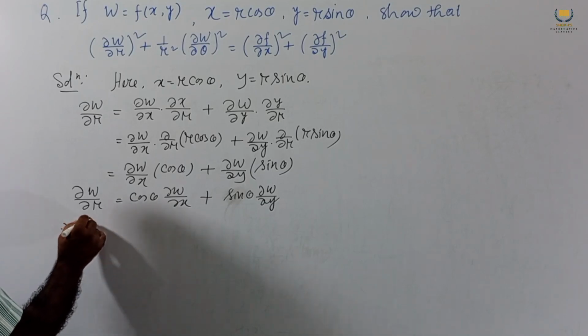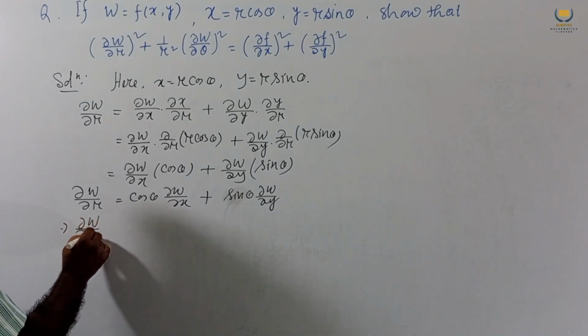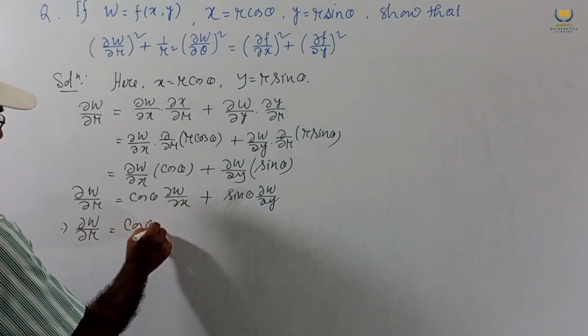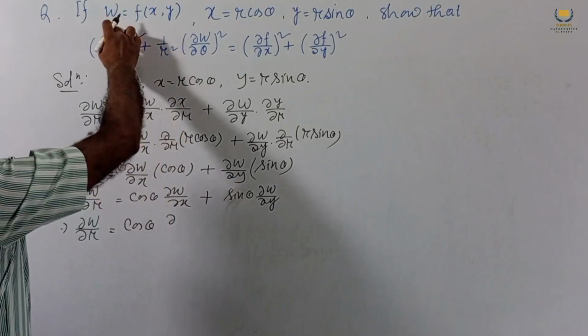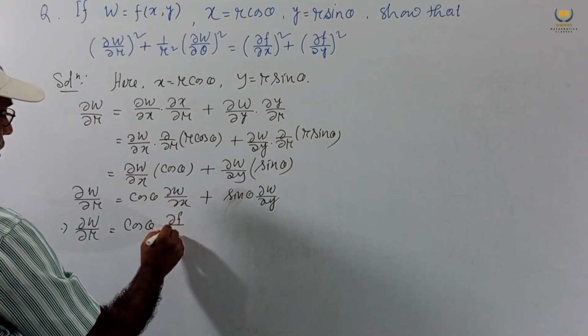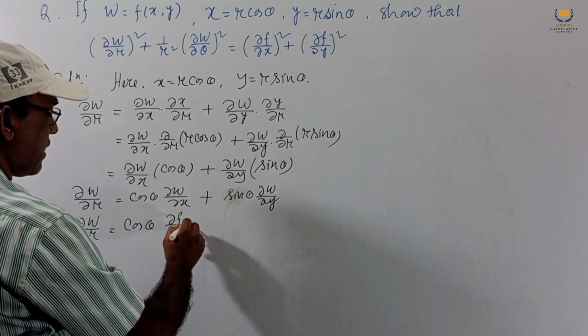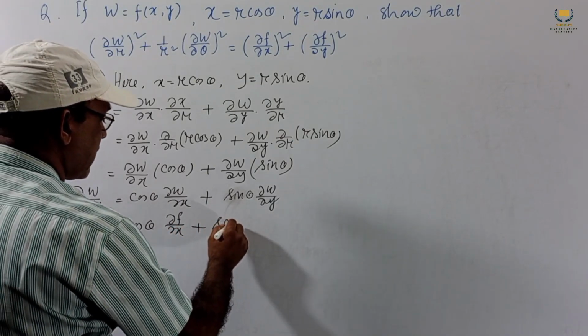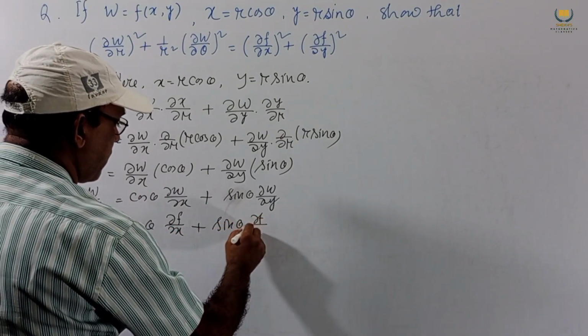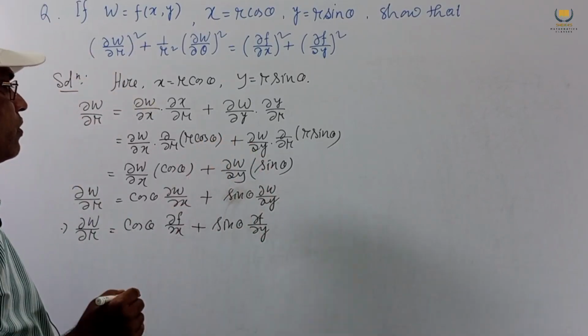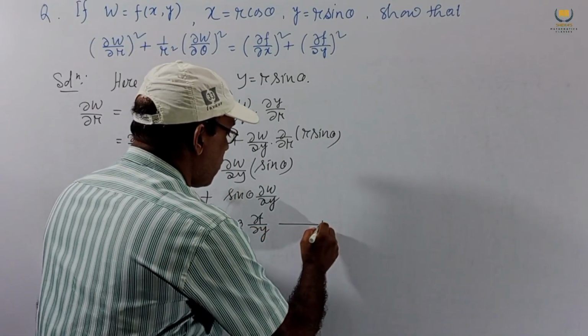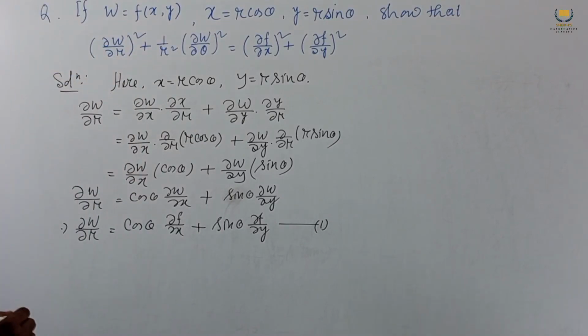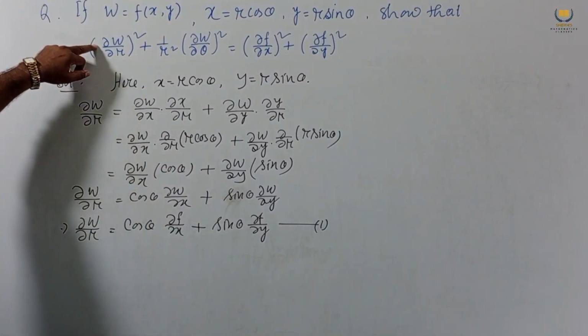This is ∂w/∂r = cos θ ∂f/∂x + sin θ ∂f/∂y. We can write this. This is number 1 we consider. So we get ∂w/∂r.